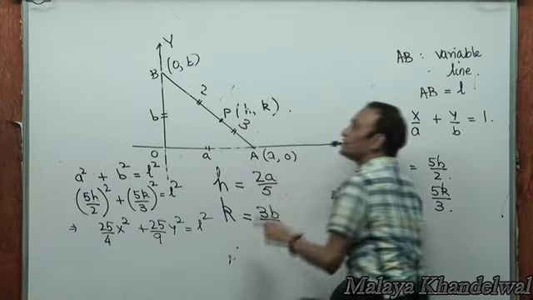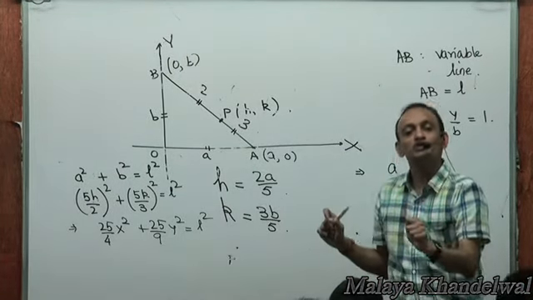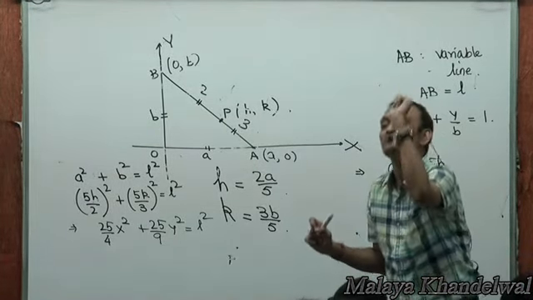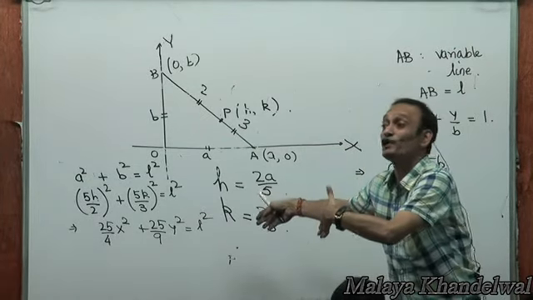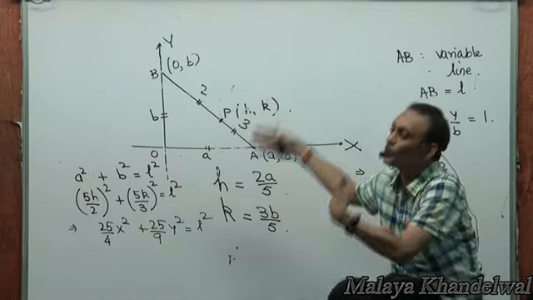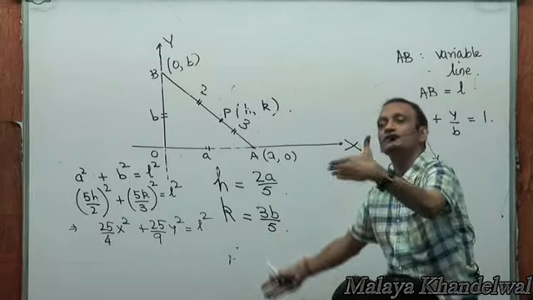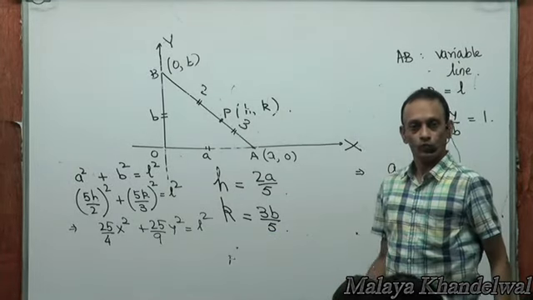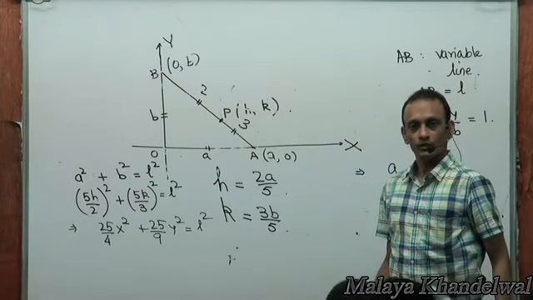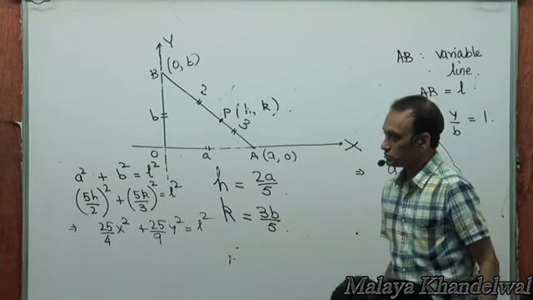This is the algebraic relationship, true for all points on the trajectory of P. This then should be referred to as the locus of P or the equation of locus of P. Yes or no? Sounds all right? Sounds good?